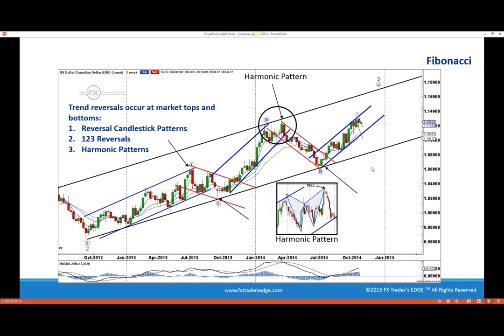And the most common projections for the wave 3 moves are 100% of wave 1 to 161.8% times wave 1. And if it's a very extended wave 3, the move will continue on up towards 261.8, 423.6. These are extended moves. Now, looking at this picture, this is not an extended wave 3.